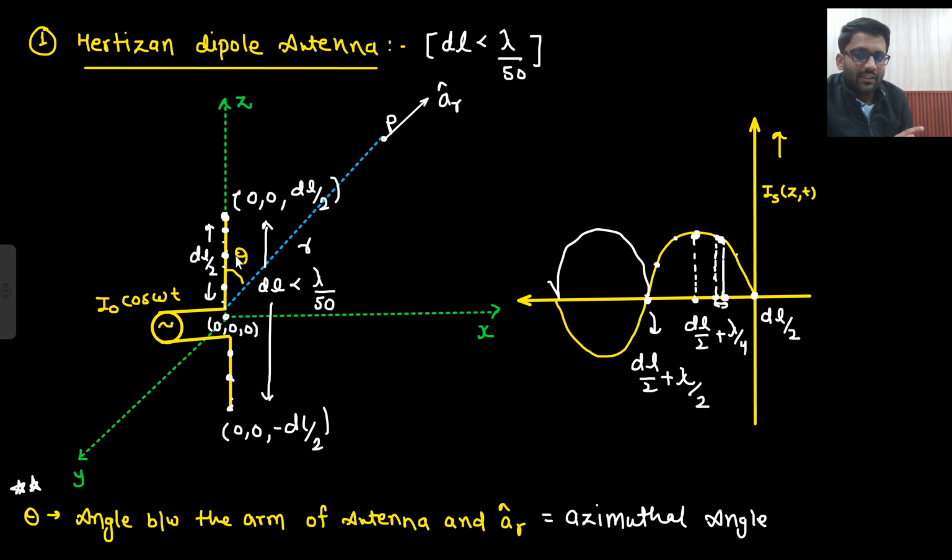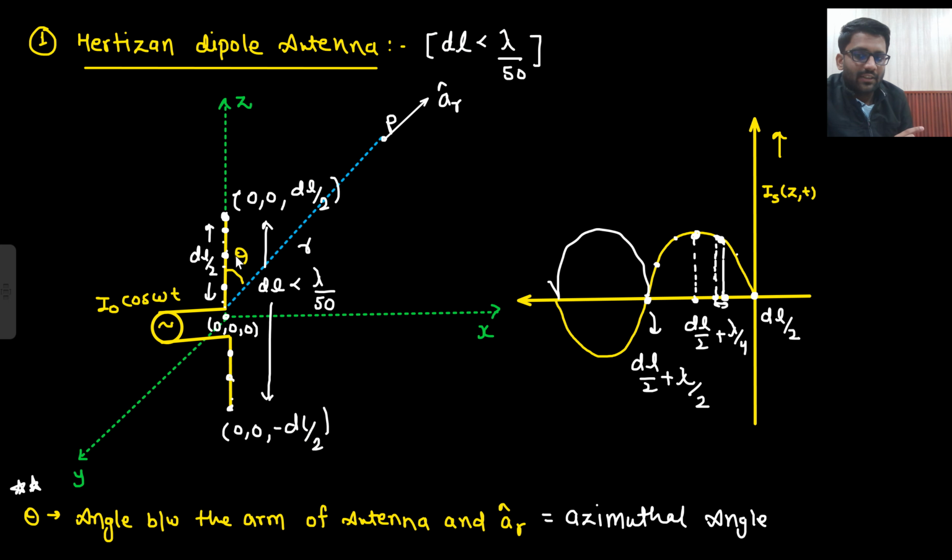If at a particular instant of time the current at this point is 3 ampere, then what will be the current at this point? That will also be 3 ampere only. At some particular instant the current here is 2 ampere, then what will be the current at this point? That will also be 2 ampere only. On the arm of the antenna, the current will be uniform. Why is that so? Because the length is very small, and since the length is very small, the current will not change much. Are you getting this point? Is that clear to you?